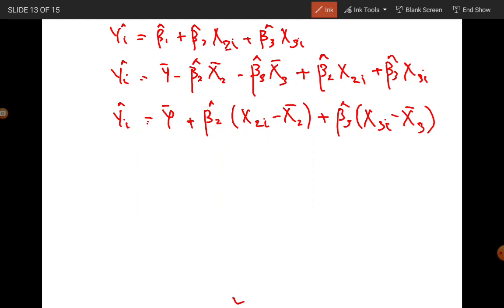So I can write this as yi hat equals y bar plus beta 2 hat small x2i plus beta 3 hat small x3i. Remember, throughout these lectures, small letter x and small letter y all represent deviation of the variable from the mean.